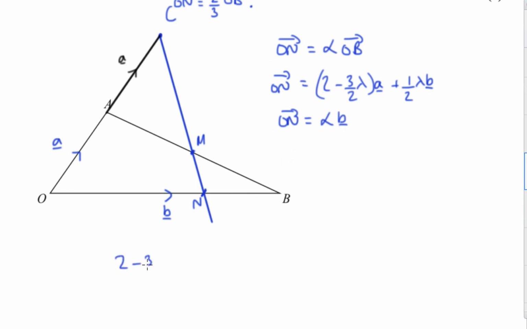So 2 minus 3/2 lambda A, add a half lambda B, must equal alpha B.